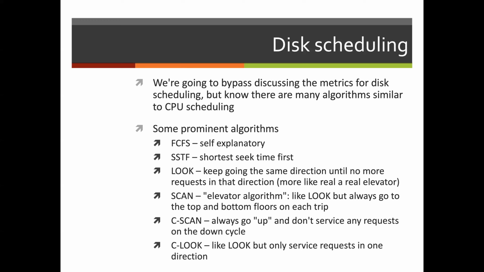We have shortest seek time first. We have the look algorithm, which keeps going in the same direction until no more requests are made in that direction. We have the scan algorithm, which is similar to an elevator algorithm, like look, but always goes to the top and bottom floors of each trip. We have C-scan, then we also have C-look.